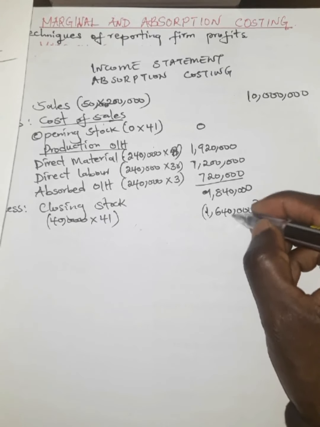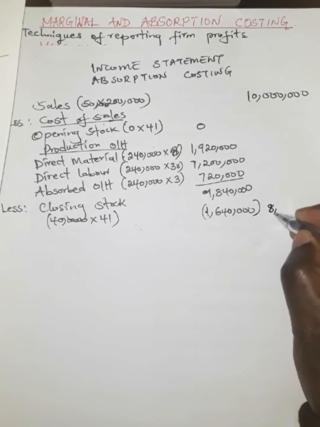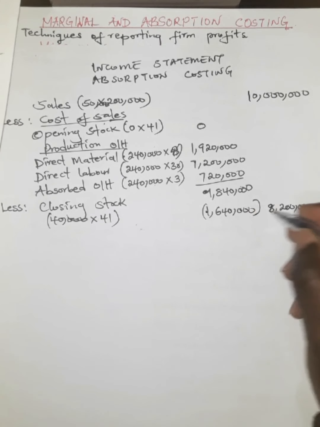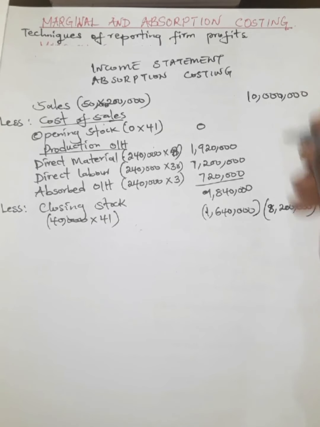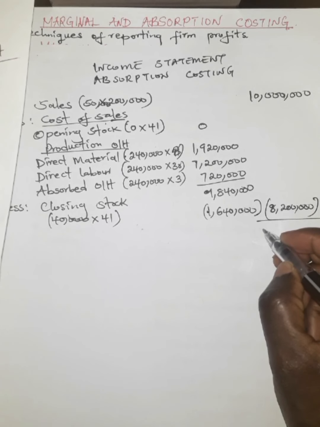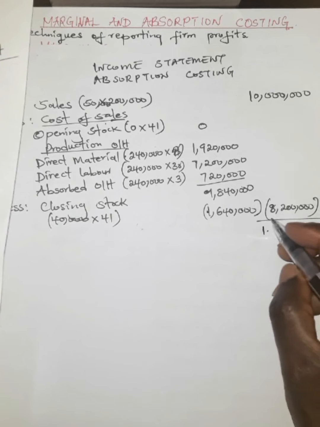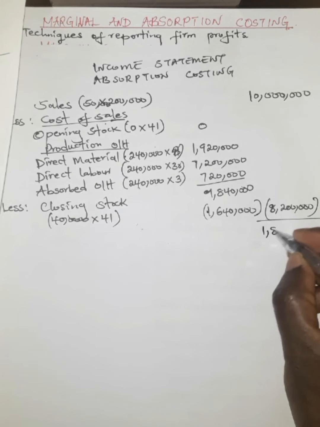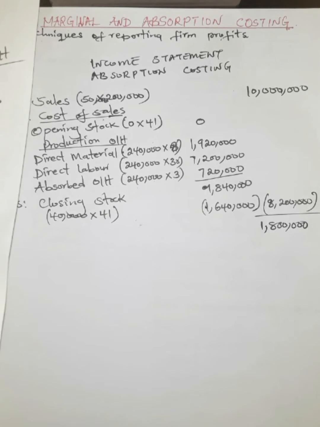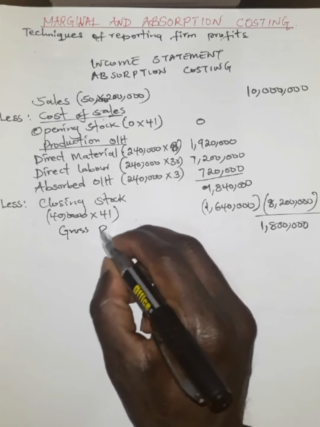When you subtract these two, we get a value of 8,200,000. This is what you subtract from the sales, and you get 1,800,000. Please confirm with me. And this is our gross profit.